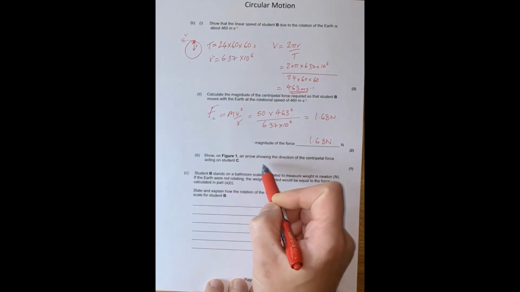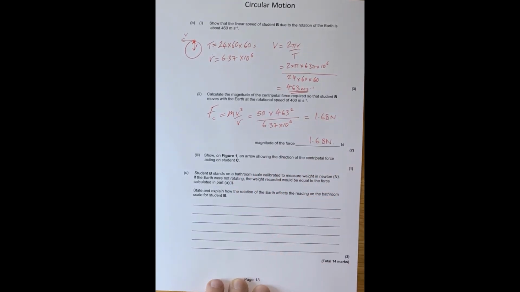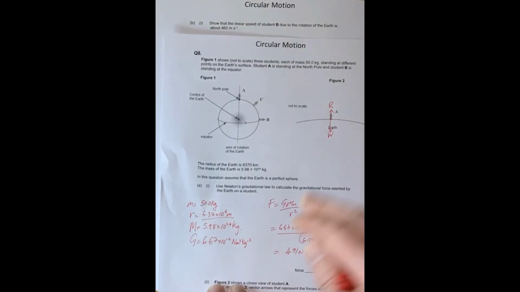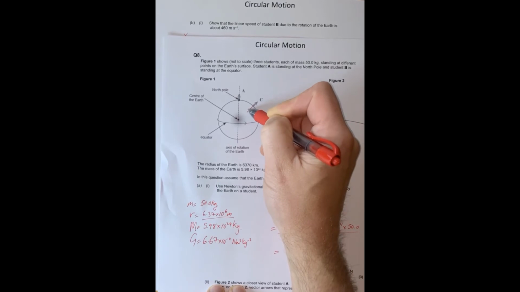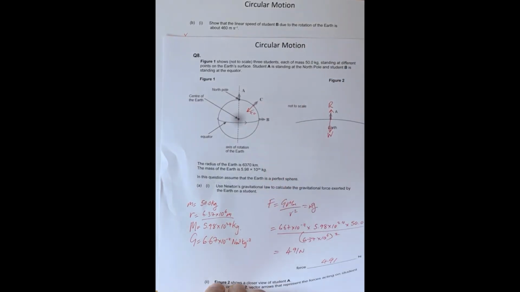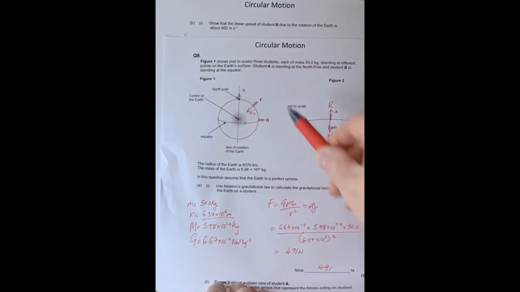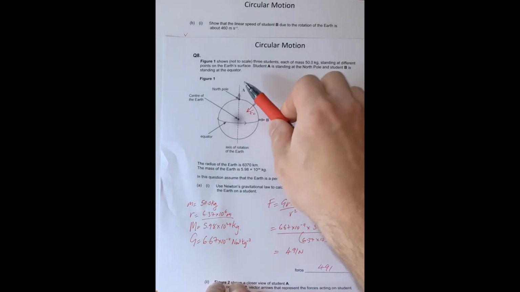Show on figure 1 an arrow showing the direction of this centripetal force acting on student C. So student C, there it is, acting towards the centre. So the force acts towards the centre, the centripetal acceleration is towards the centre, and that means that the linear velocity always changes direction around that path so that it's tangential.